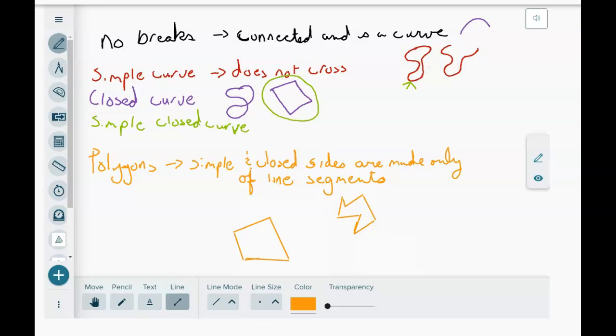That would technically be a polygon because they all connect and they're strictly line segments. These are not line segments. So even though this is a simple closed curve, it is not line segments, therefore it is not a polygon.